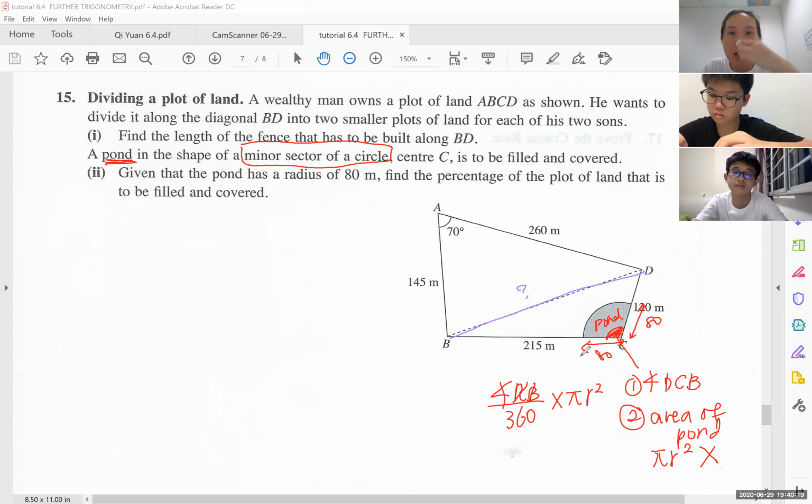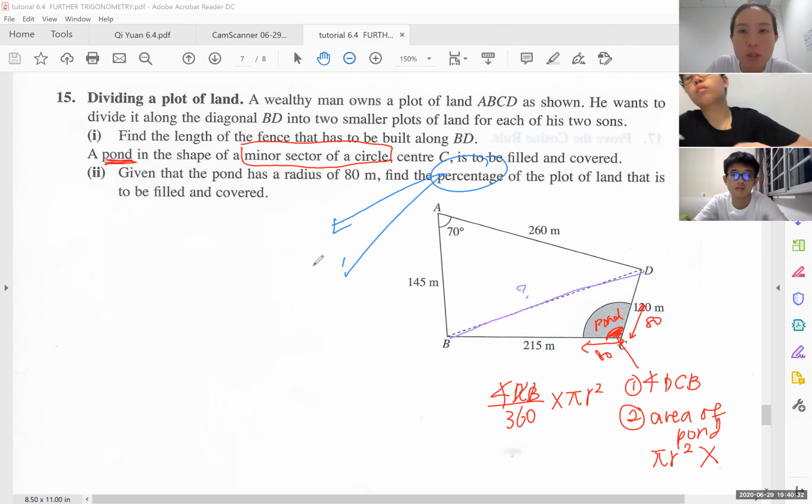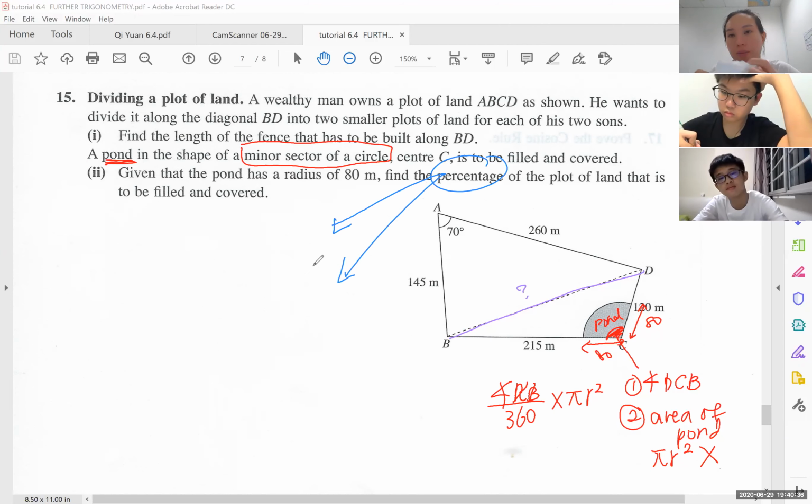Now what question did they ask for? They say find the percentage of the plot of land that is filled and covered. To find the percentage, you need two things. What are the two things you need in order to find a percentage? The total. Okay, you need the total.